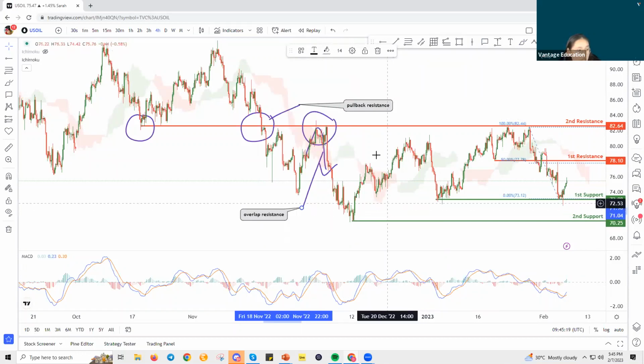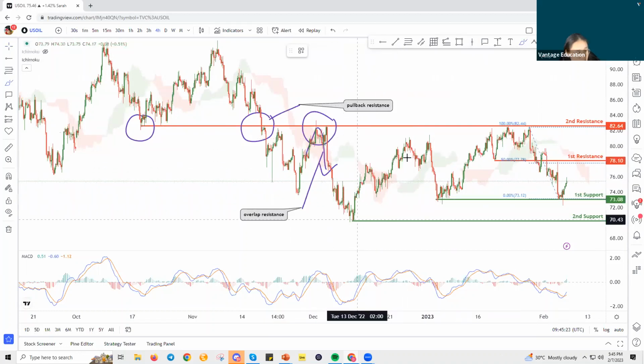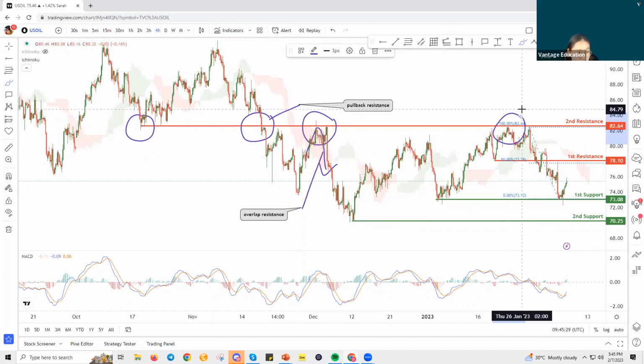Okay, and we can see after this overlap resistance, price continued and then it actually retested this area over here, but it did not surpass it, so it's still an overlap resistance. Okay, I hope that makes things clearer for everyone. Let me know if you have any other questions or it's still not clear.